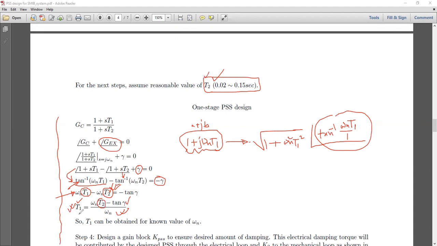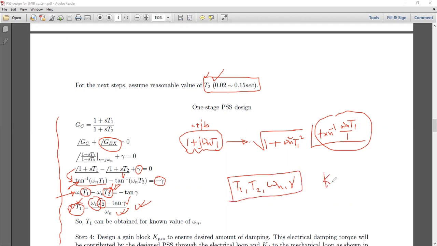So that means you know everything on the right hand side. Omega n is already calculated in step number 1. So all the previous steps' data are required here to calculate T1. By the end of this step, you know what T1 is, what T2 is, what omega n is, and what gamma is. So all information is now available.